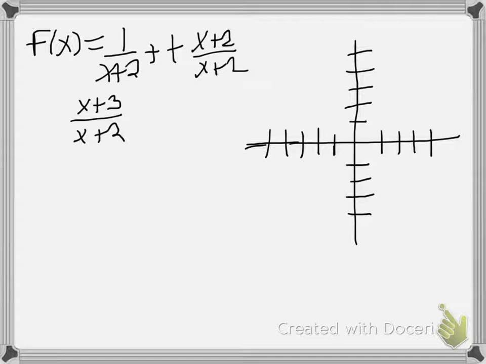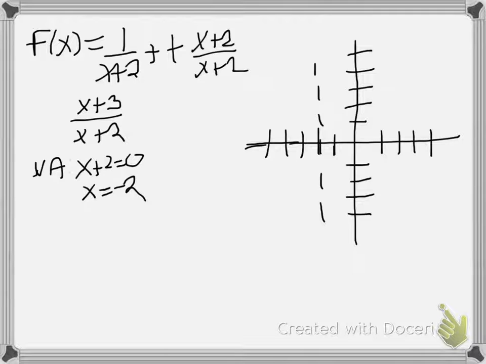Now we can go through everything that we know. First off, our vertical asymptote. Set the denominator equal to 0, x plus 2 equals 0. So I have a vertical asymptote, x equals negative 2. So I'll draw that on my graph.